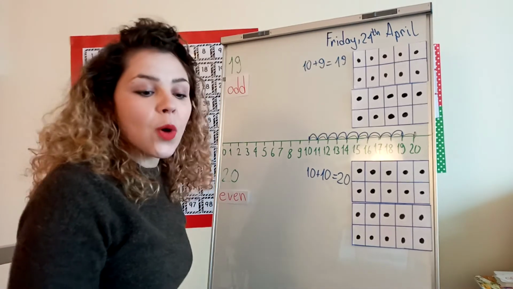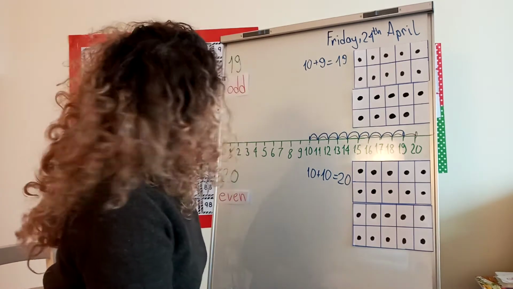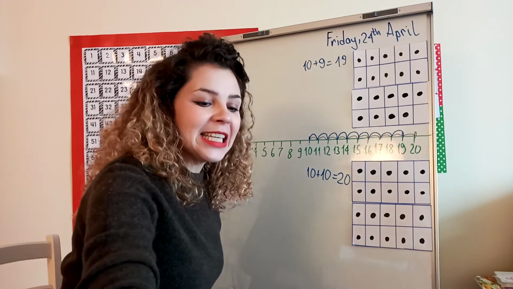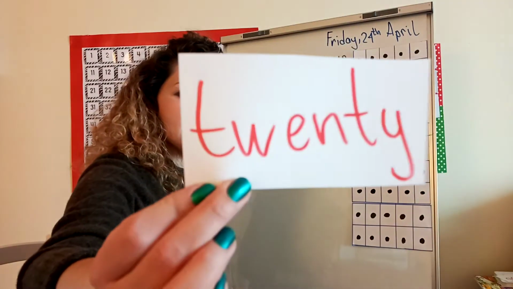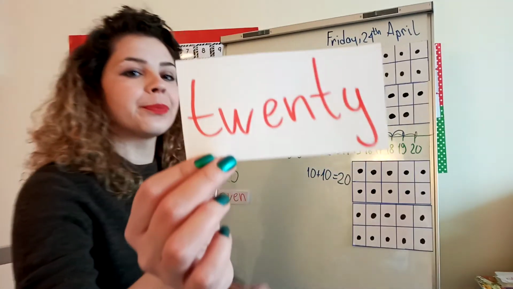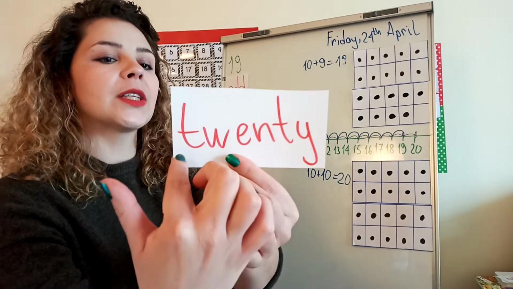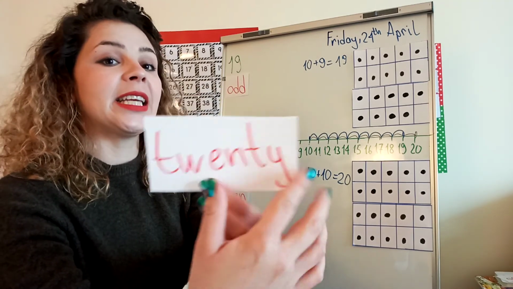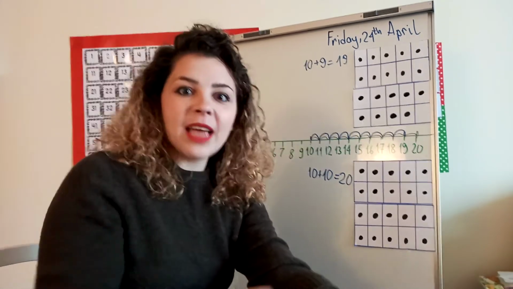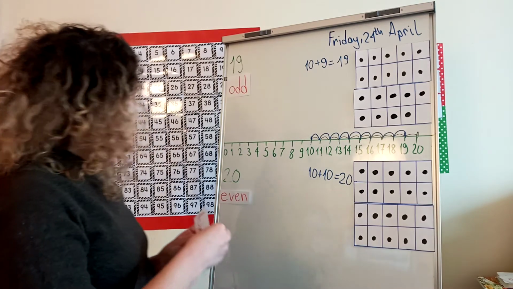Good. So one more thing I'm going to show you before I make a break with this video is how do we actually write the words 19 and 20, okay? So look at this word. Can you read it? Can you tell me what it is? 20. Sometimes I hear children saying 20. No, 20.